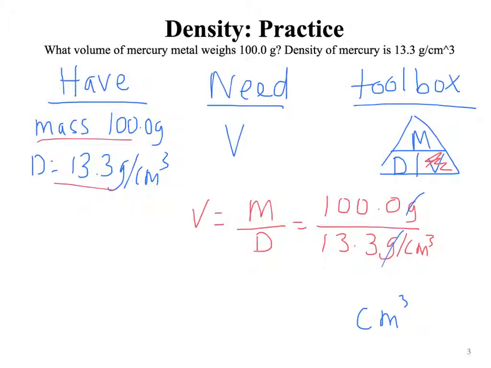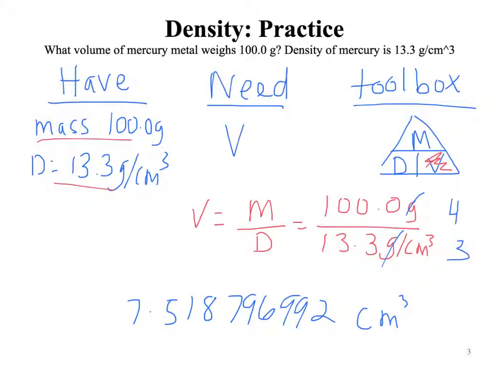And when I divide this out, I get an answer of 7.518796992. Obviously, I'm not going to write this whole thing out for an answer. I got to be mindful of my sig figs. So on the top, 100.0 is 4 sig figs. 13.3 is 3 sig figs.